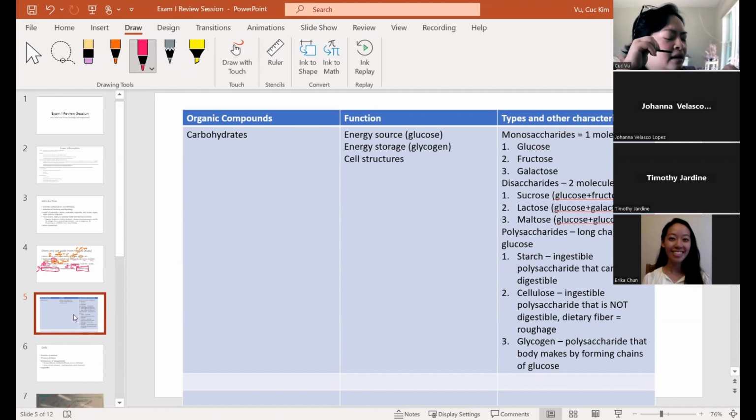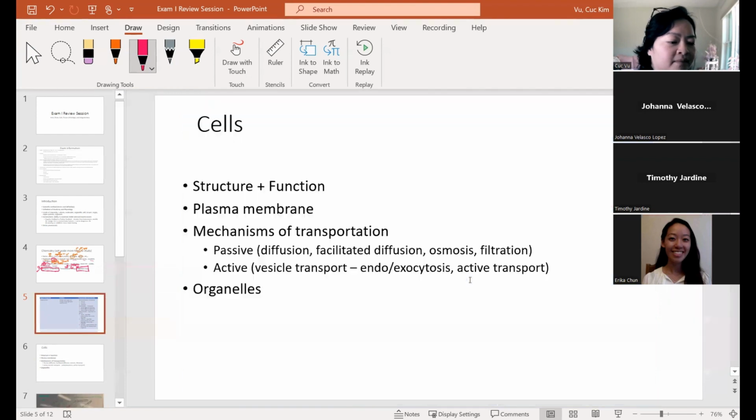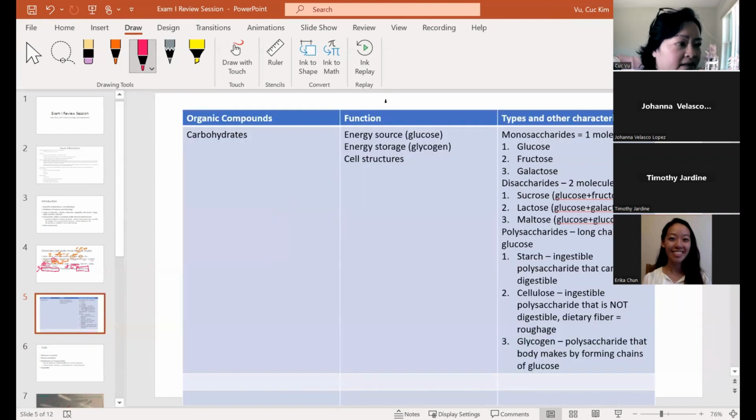This question is asking me about cellulose, and I recall cellulose is ingestible but not digestible, and therefore it acts as roughage, dietary fiber. So having a cognitive map helps you put all that content into a visible way of seeing it.